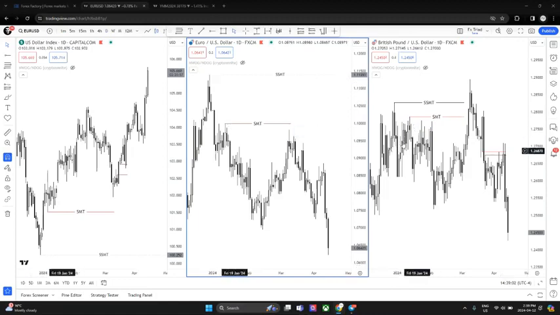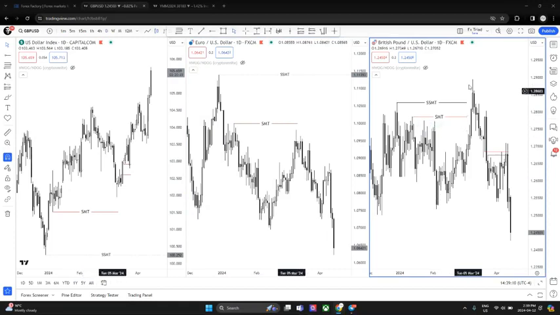So throughout all of this choppy price action, price was literally getting ready to manipulate and distribute to the downside.